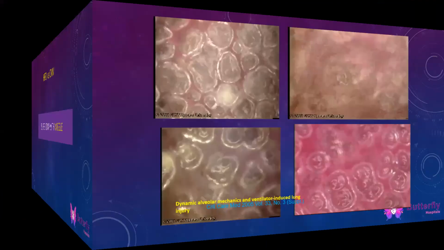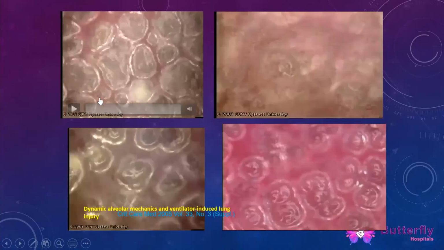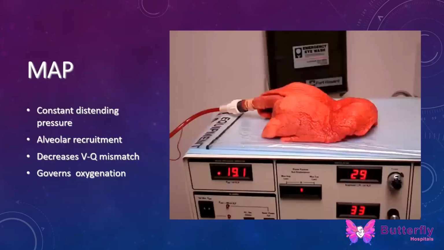I just want to show you how it looks. This is a histopathology slide of a rat lung. This video shows normal ventilation.